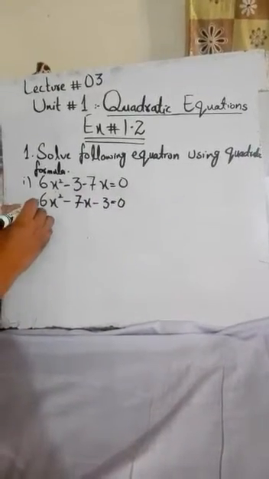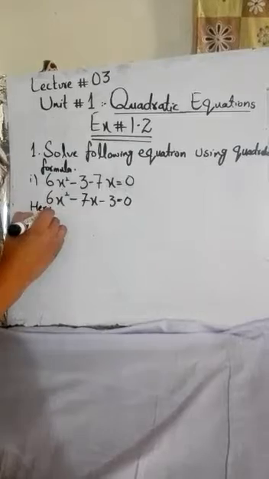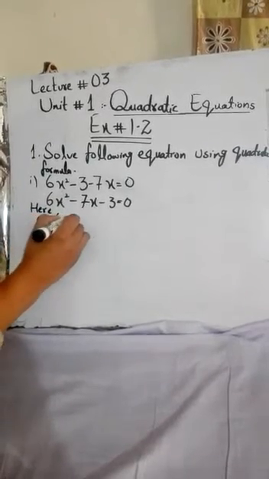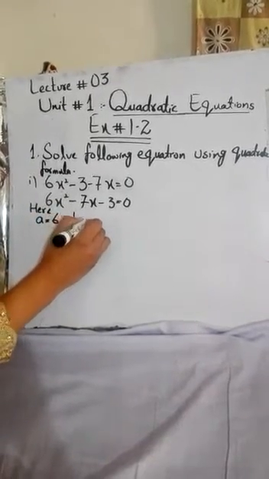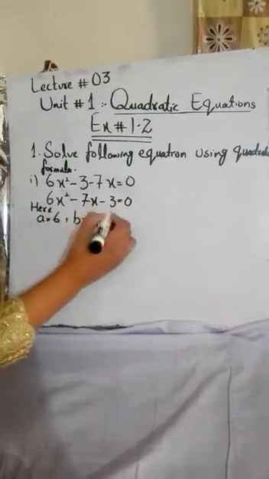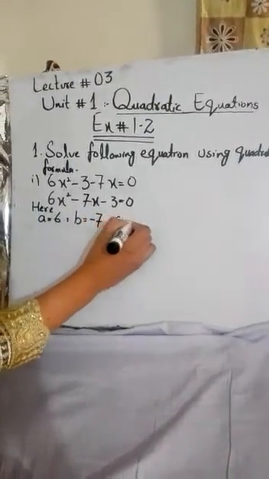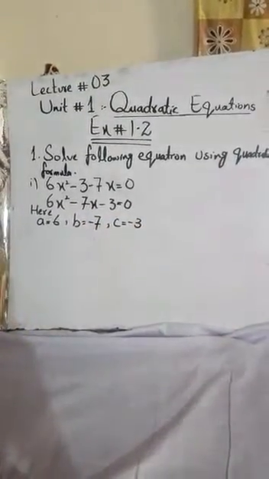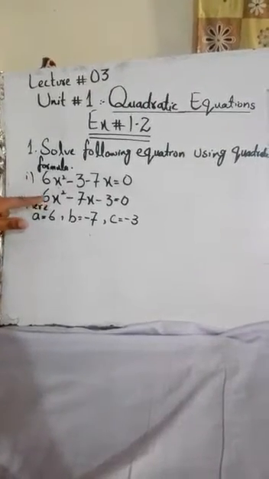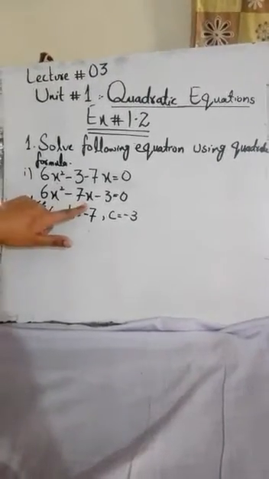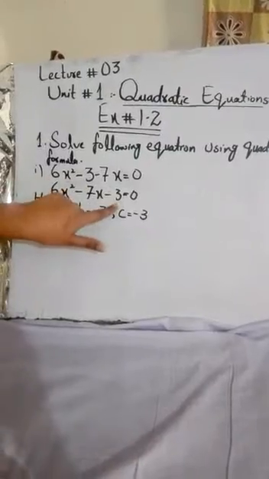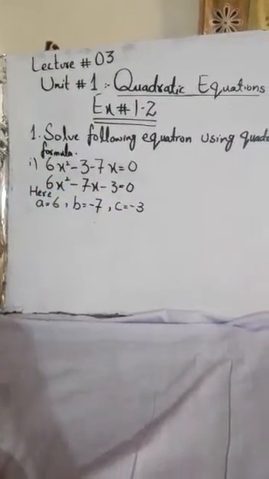Here a is equal to 6, b is equal to minus 7 and c is equal to minus 3. Coefficient of x squared is equal to a, coefficient of x is equal to b, and the constant is c.